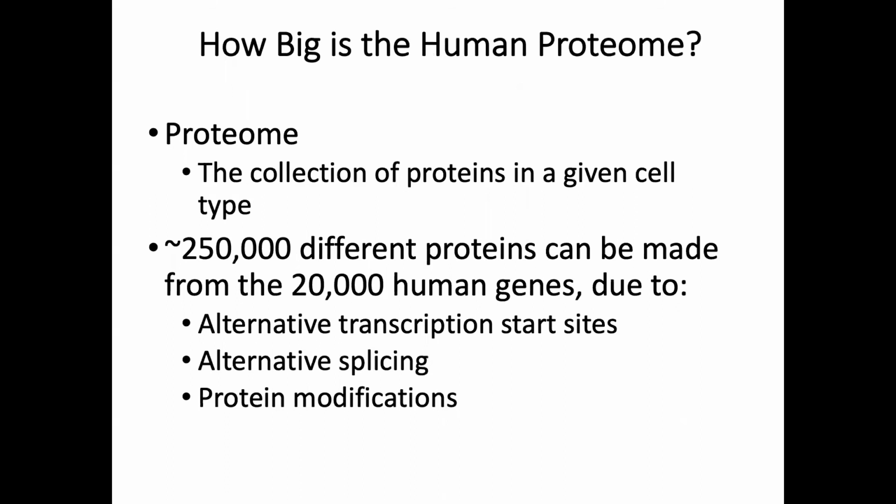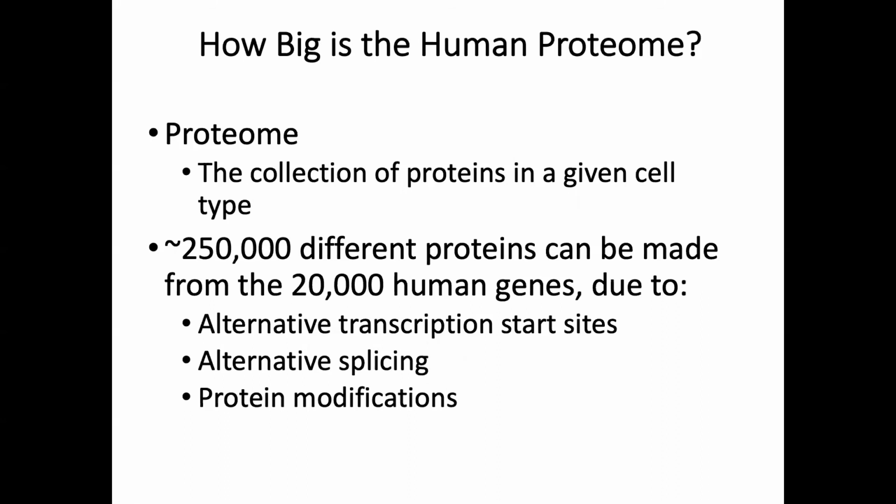Protein is a major component of our cells, and we make many types of proteins every day. A collection of all proteins in a given cell type, we call a proteome. How big is the human proteome?